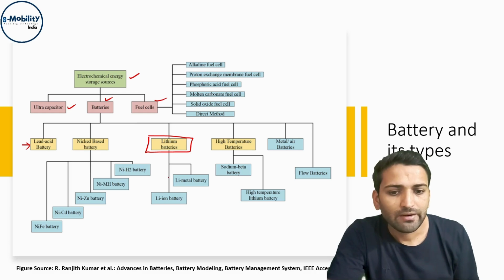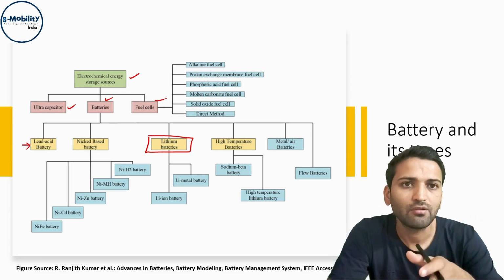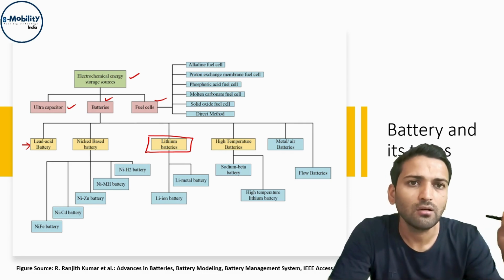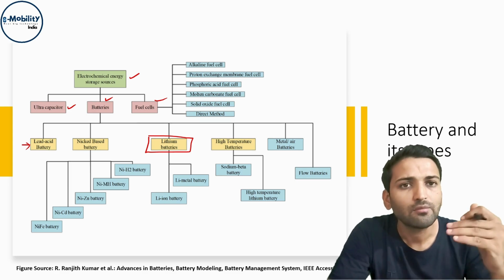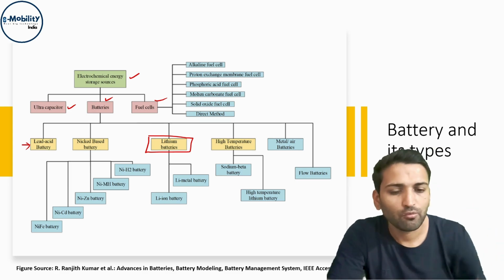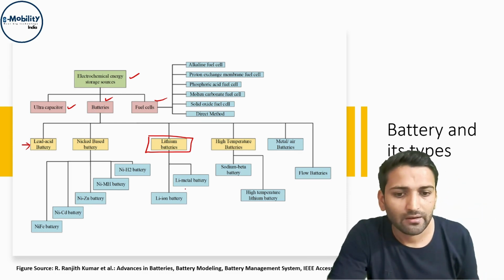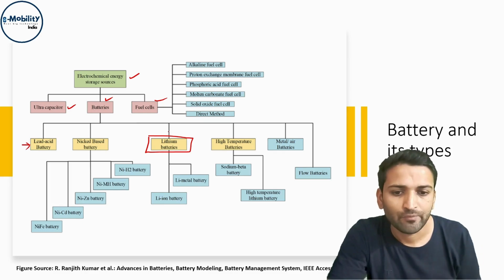A lithium battery can basically be a lithium-ion battery, where lithium is one part of the battery and the other part can be graphene or any carbon-based material, or graphite. Then come the lithium metal batteries. Most of the batteries being used are lithium-ion based, and lithium metal batteries are also in use currently.